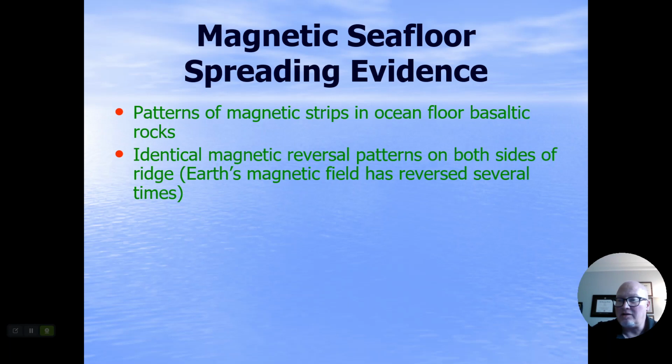We can also take a look at the pattern of magnetic rock in each one of those stripes that we see moving along the edge of the rift, the Mid-Atlantic Ridge, because you can see magnetic reversal patterns in those rocks. Remember, let's think back to what causes magnetism when everything lines up.